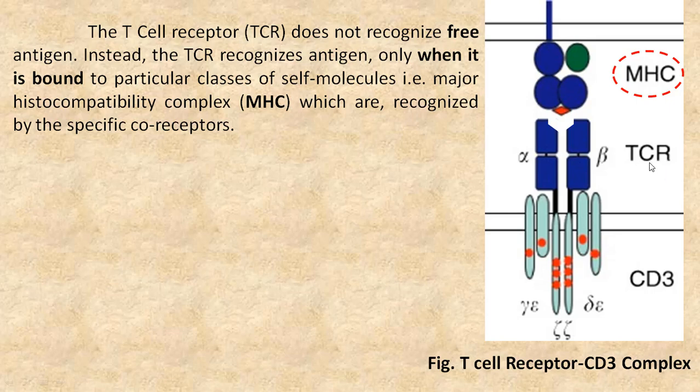Instead, T cell receptor recognizes antigen only when it is bound to particular classes of self molecules, that is major histocompatibility complex molecules, which are recognized by specific coreceptors.